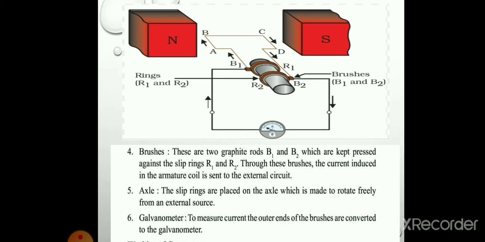The slip rings are mounted on an axle, which is free to rotate from an external source, so it is easy to rotate the coil. Last, it is connected to a galvanometer to measure the current. The outer ends of the brushes B1 and B2 are connected to the galvanometer. So this is how the electric generator is constructed.